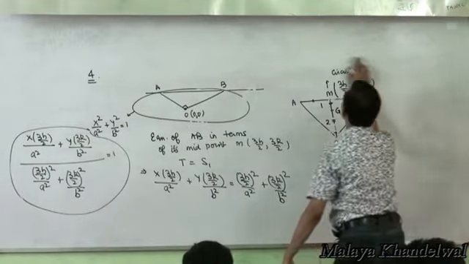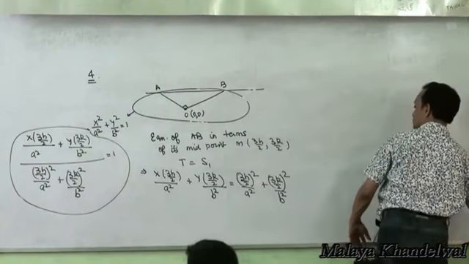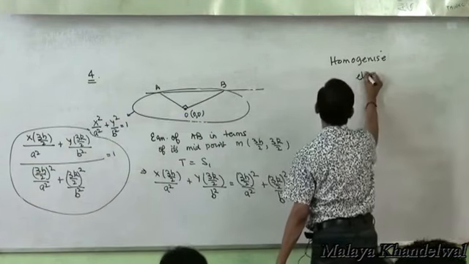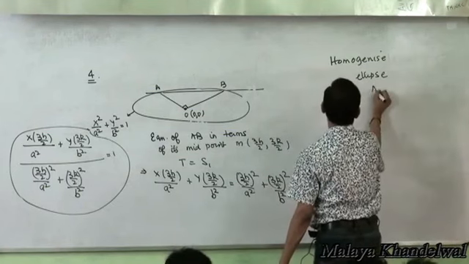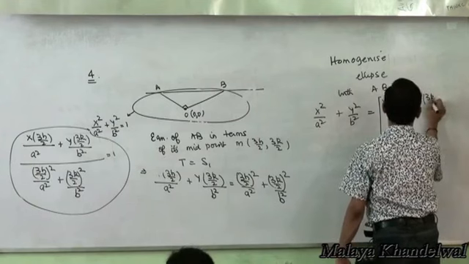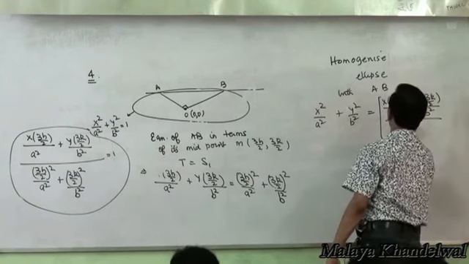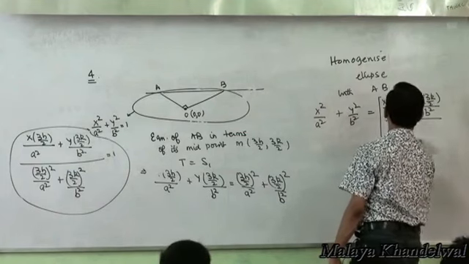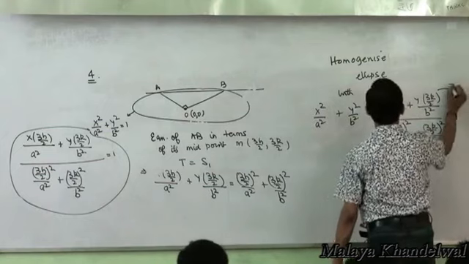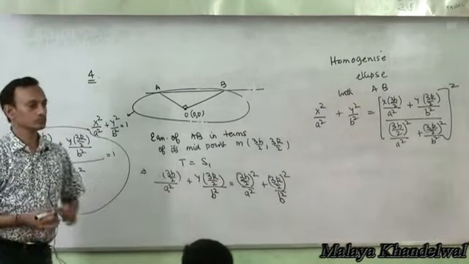So homogenize the ellipse with the line to get the pairs of straight lines passing through the origin. x square by a square plus y square by b square equal to, instead of 1, I write this square. Yes or no? Right?